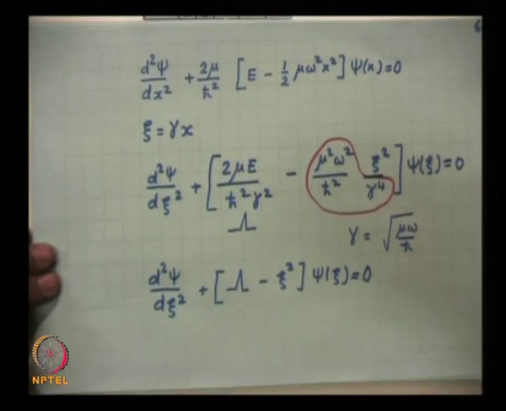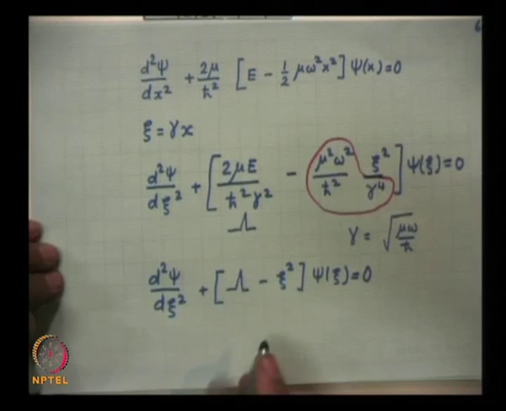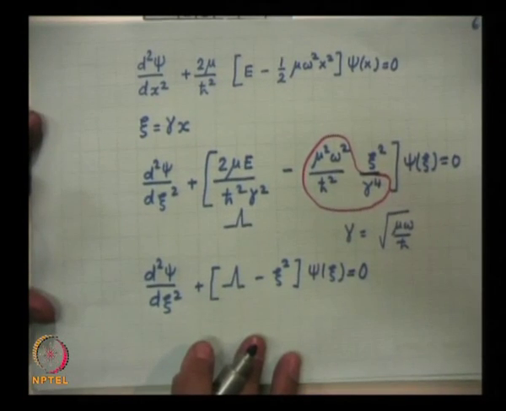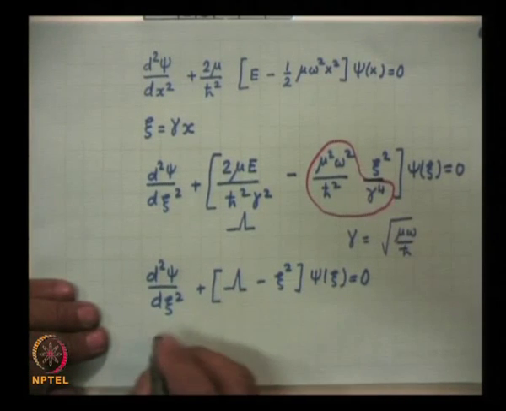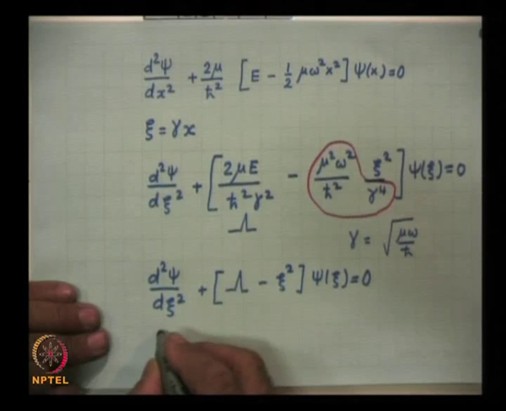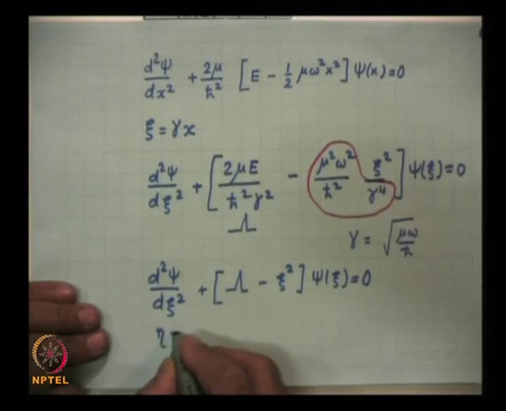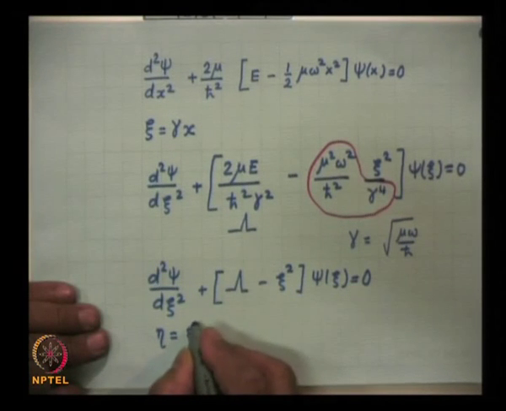Now, what I do is that I now want to solve this equation. Because there is a xi square term appearing here, let me make a transformation, let me define eta is equal to xi square.